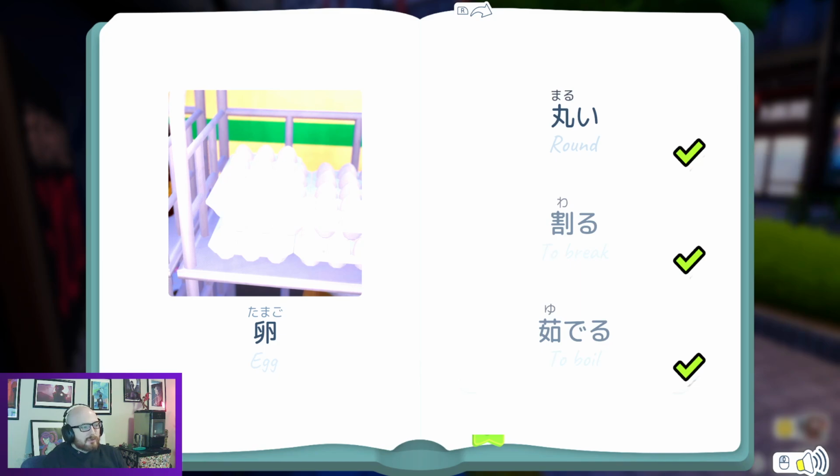Now, is it an u verb or a ru verb? Ru verbs, and that's why I kind of wish they put that once you got them right on here, just like round, adjective, to break, ru verb, to boil, u verb. Because ru verbs, you drop ru, you add mas. U verbs, you drop the u part of it and you replace it.